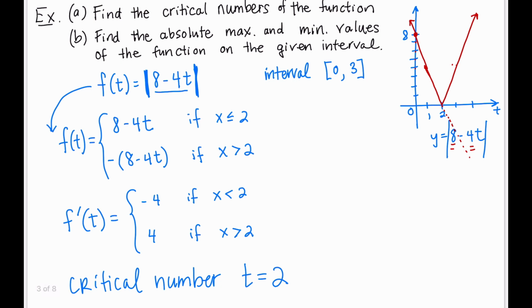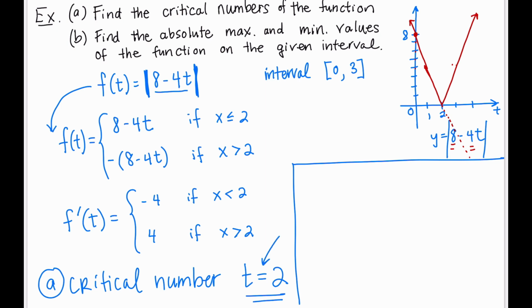Okay, so this, recall, was our answer to part A, but I'm going to use it for part B. So we've already done the first step in the closed interval method, and now the second step is telling me I just have to plug 2, the critical number, into my function, and I get the absolute value of 8 minus 4 times 2, and that is 0.